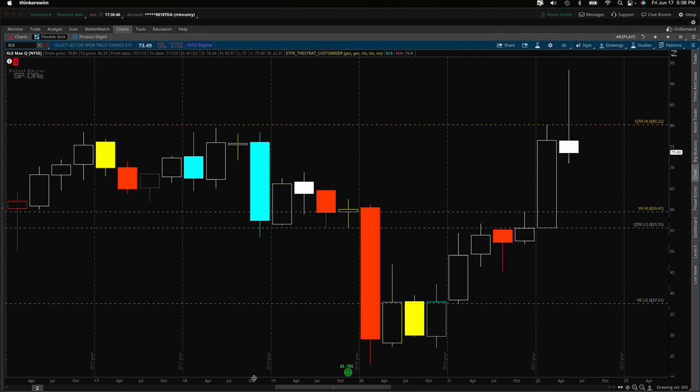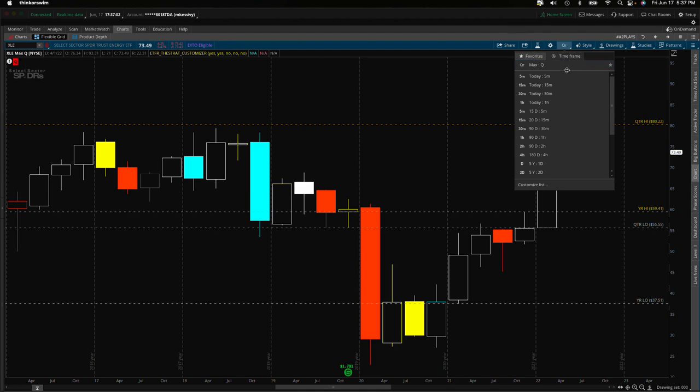So if we zoom out, we can see right above this yearly high, 59.41. This was the beginning. This was January, February, and then huge move, right? Let's go to the monthly chart.